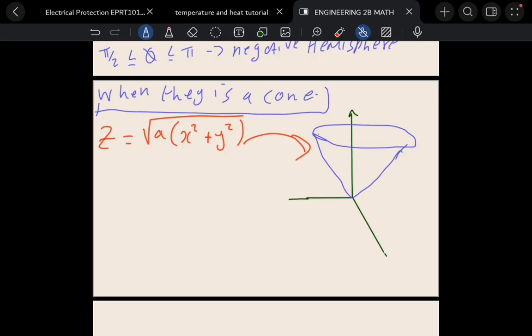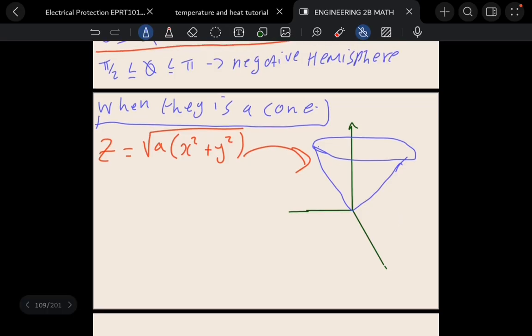Now, if you are looking for the value of phi, because your cone is bounding your phi from the z-axis to that cone, which means your phi is bounded in that form. Now, how can you actually get your value of phi? You can actually derive this formula from here.